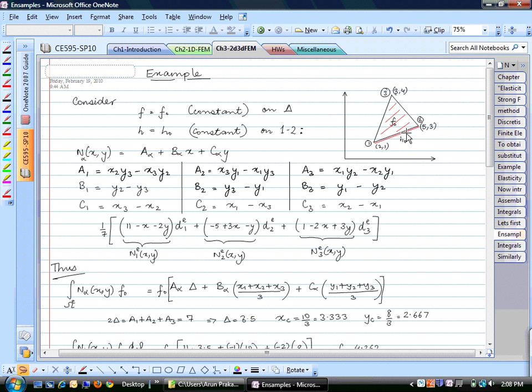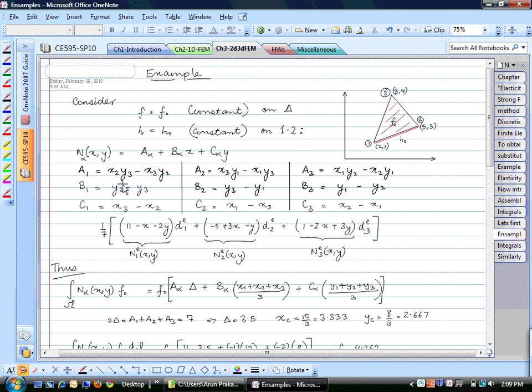So we are going to consider this example that we did even last time. The coordinates of this triangle are given to us: 2, 1, 5, 3, 3, 4. And we are also given that the force or the heat flux vector is some constant, F naught, and there is a constant H naught heat flux vector on this edge.